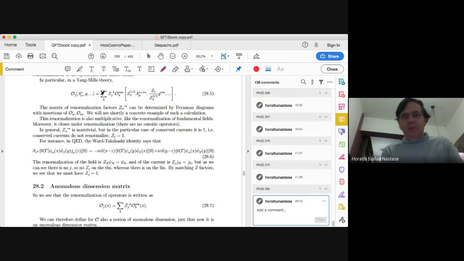And as we see, the renormalization is multiplicative in the same way as it is for the fields, coupling, and so on. It's not additive, like for the ground state energy, let's say. For the field, it's multiplicative. For the operator, it's multiplicative in the same way it's multiplicative for the fields and couplings.